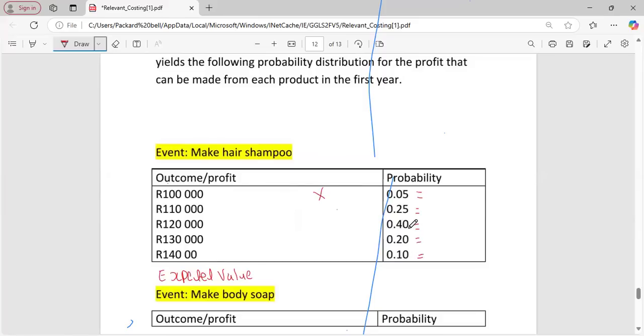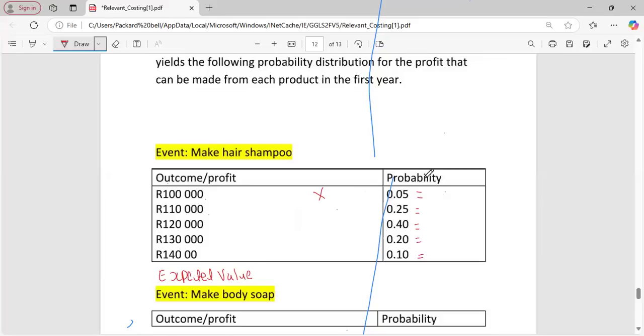So let's have the expected values of making hair shampoo. We can share. One can do the first one, the second one, until the last one there. Who did the first one? 100,000. What is the expected value for the first one?